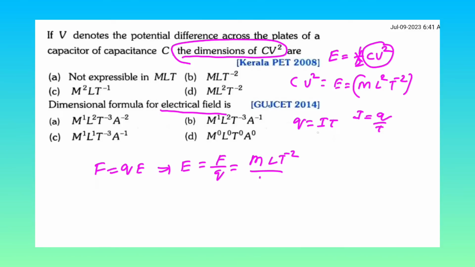So I is taken in the symbol ampere, and this is time. So MLT power minus 3 A power minus 1, because this T transfers to the denominator. So this is going to be your dimensional formula for electric field.